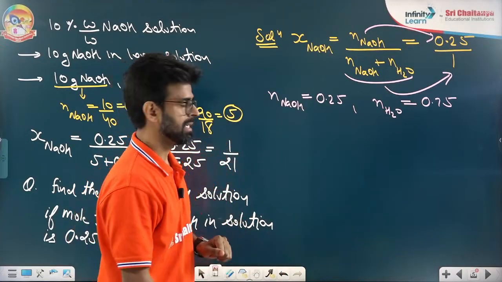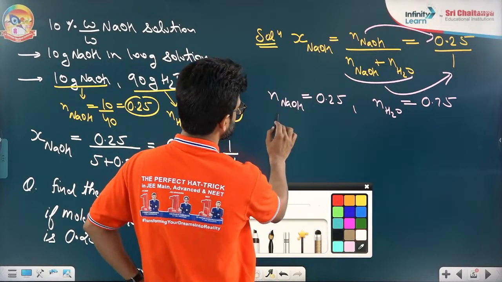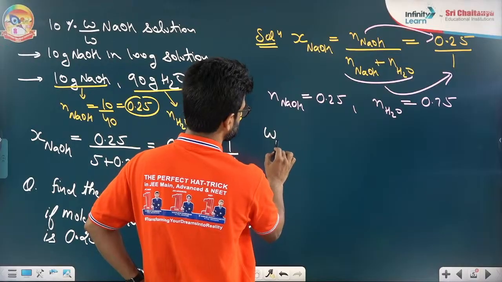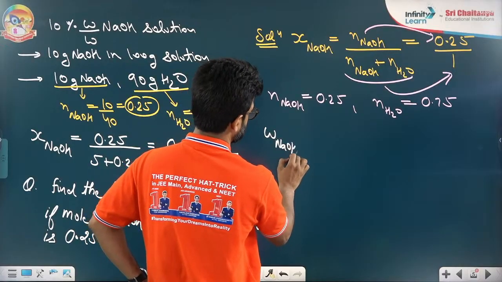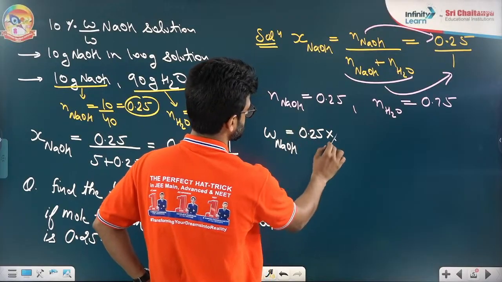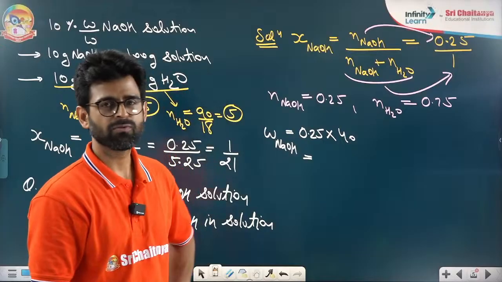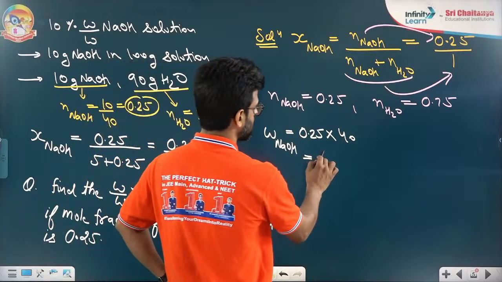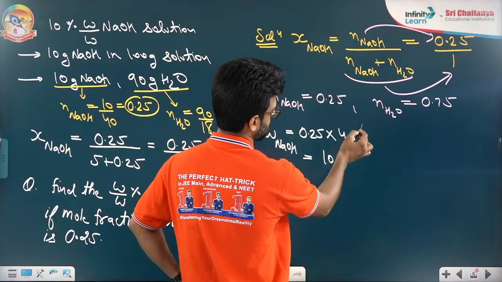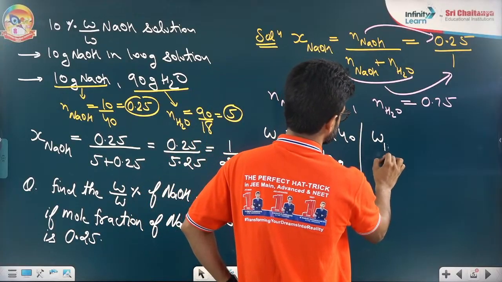Okay, right? So from here, I can find the weights. If moles are this much, what is the weight of NaOH? How will I find the weight? By moles into its molar mass. 0.25 into 40. So from here, 10 gram is coming. Moles of water we have, so we can find the weight of water.